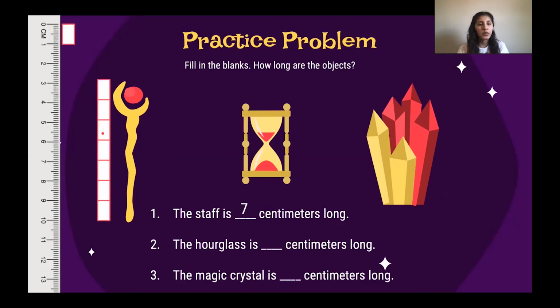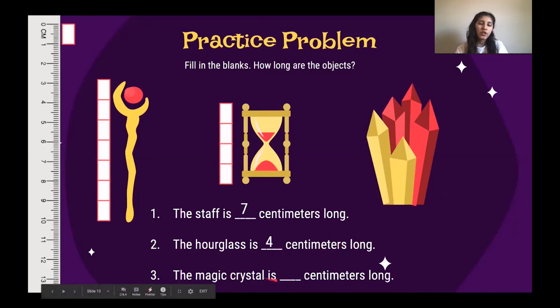So it's 1, 2, 3, 4, 5, 6, 7. 7 centimeters long. Now let's look at the hourglass. So the hourglass is blank centimeters long. Ready? 1, 2, 3, 4. The hourglass is 4 centimeters long.